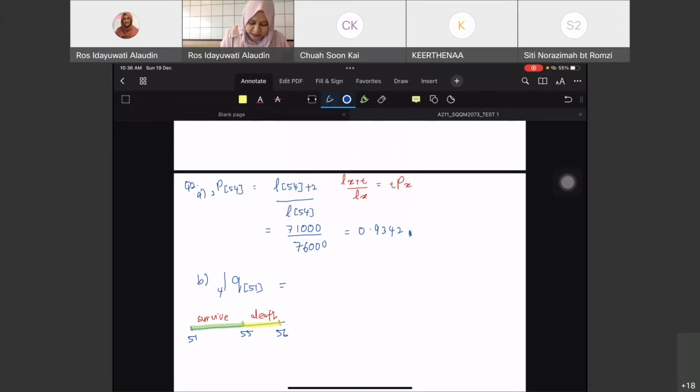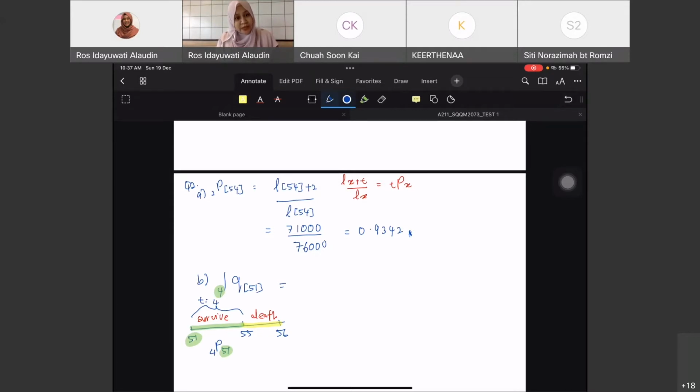So what is T here? The T here is equal to 4, 55 minus 51. So 4 here. T is 4. So P51, since the current age is 51, so 4P51, for the first 4 years, T is equal to 4.